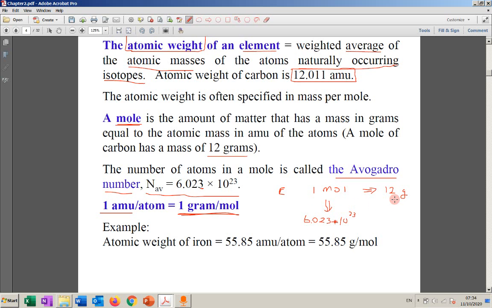What does it mean? If I have 12 gram of carbon, I know that inside those 12 gram of carbon I have that many atoms. Now, why is this important? Because this 12 gram has a volume.